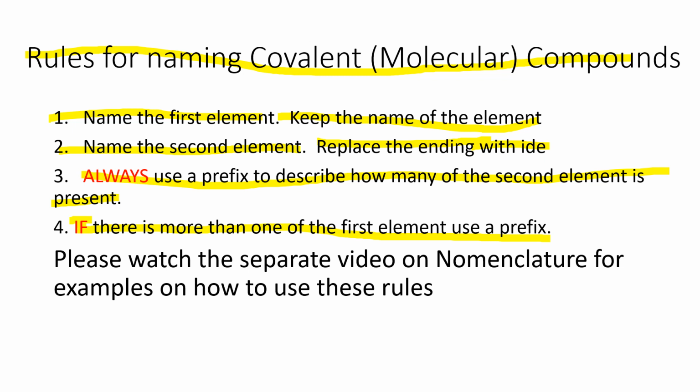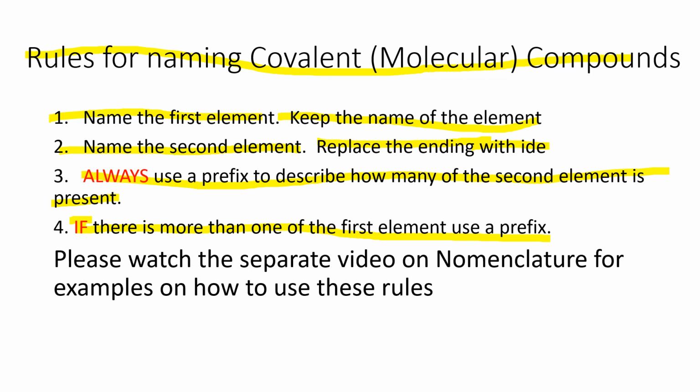Now, just like for the ionic compounds, the best way to get really good at doing nomenclature is to see a bunch of examples and then work through a bunch of examples on your own. So we're going to have a separate video on nomenclature with some examples on how to go through these steps or these rules. You want to make sure you watch that separate video.